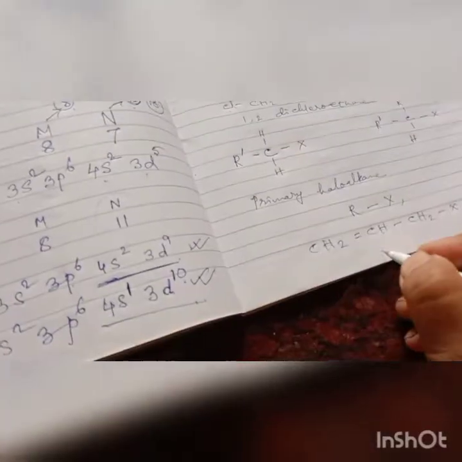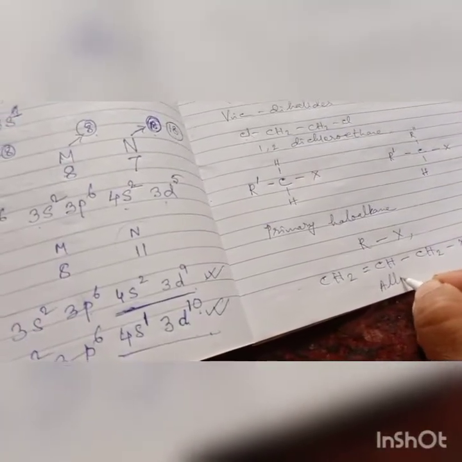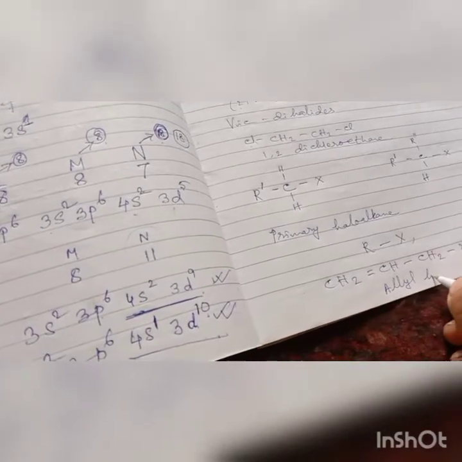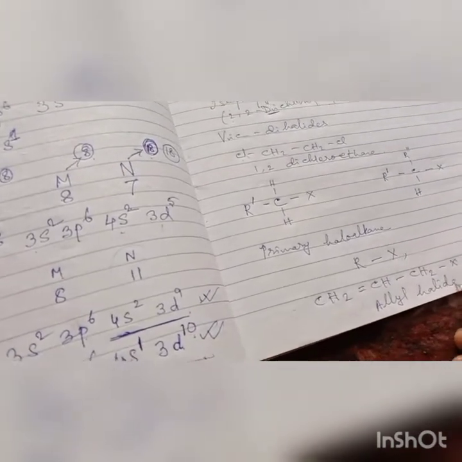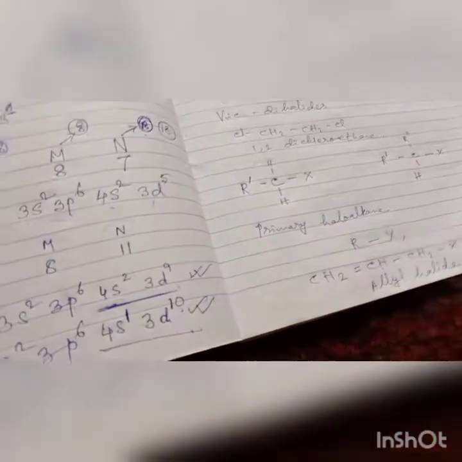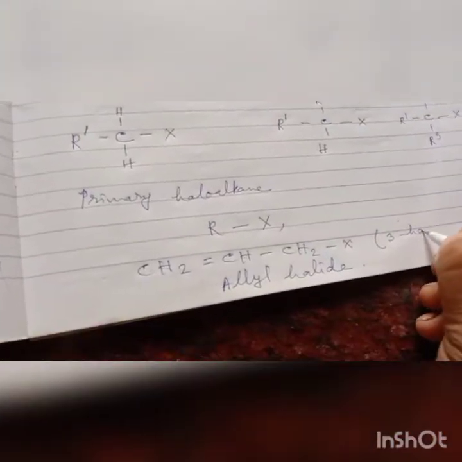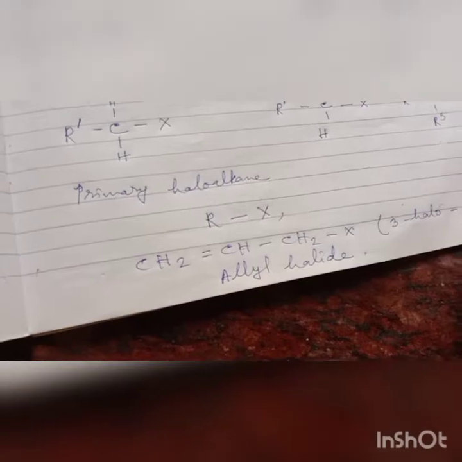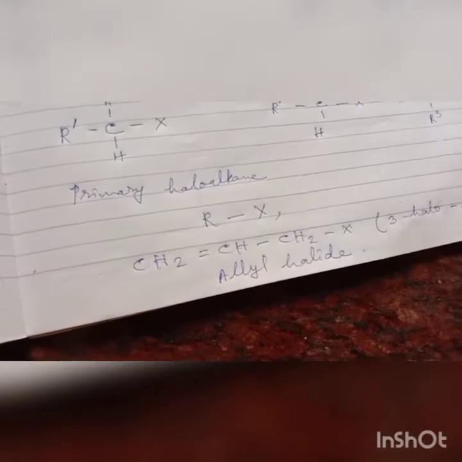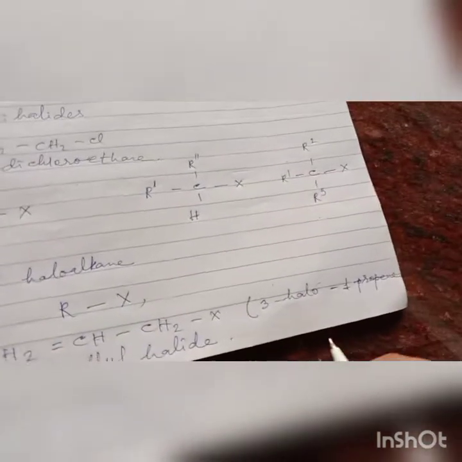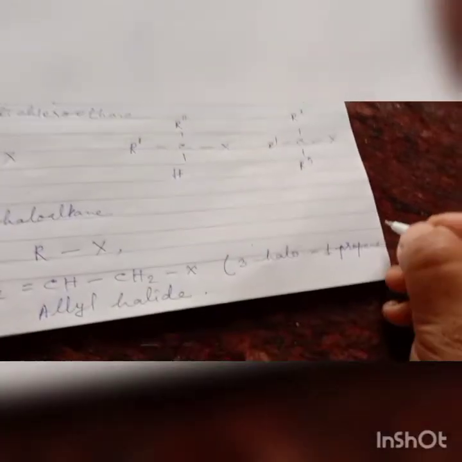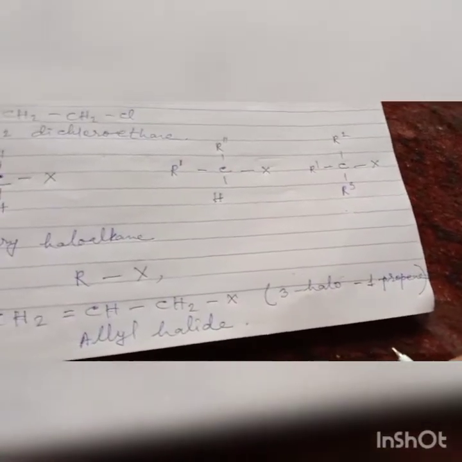This is allyl halide, or its name is 3-halo-1-propene.